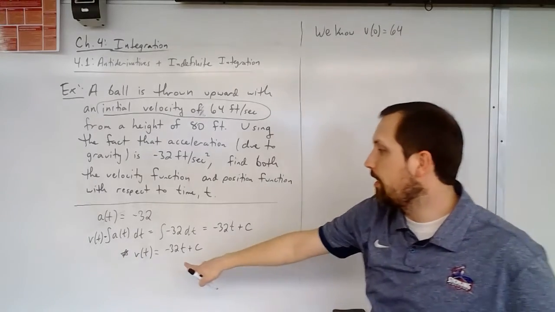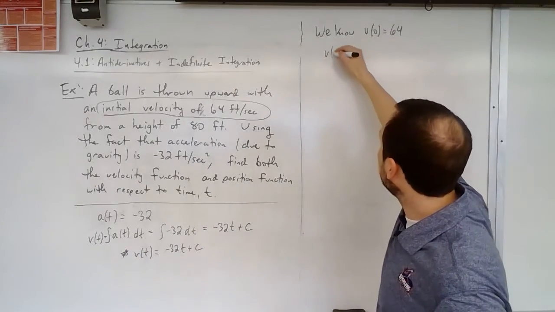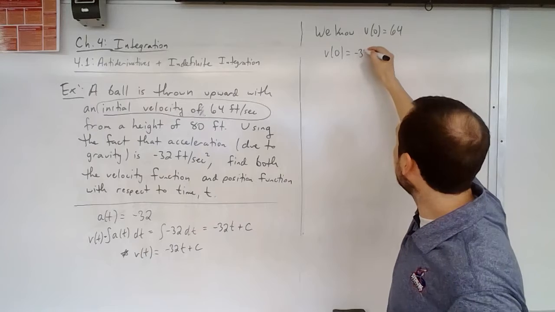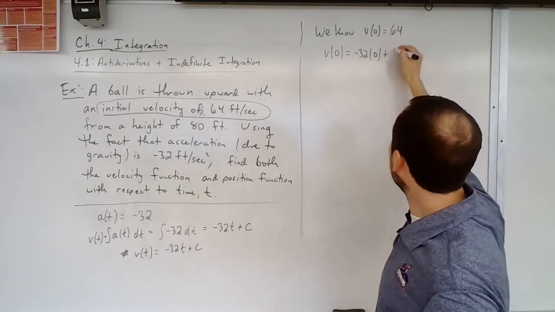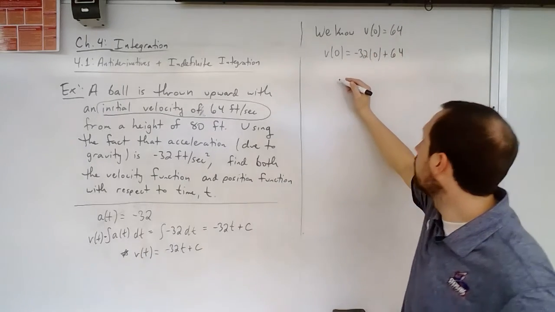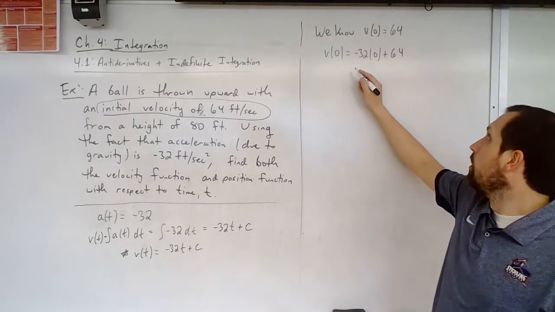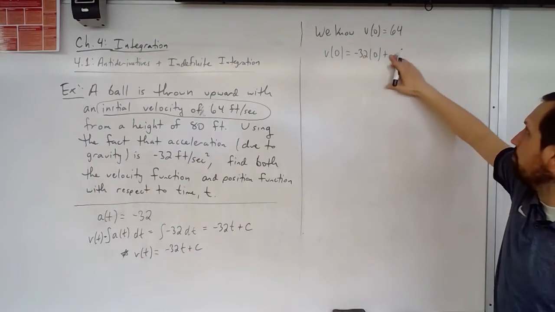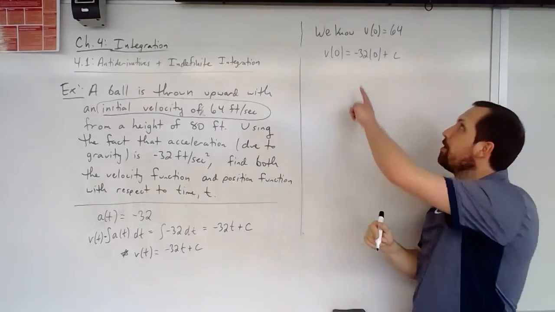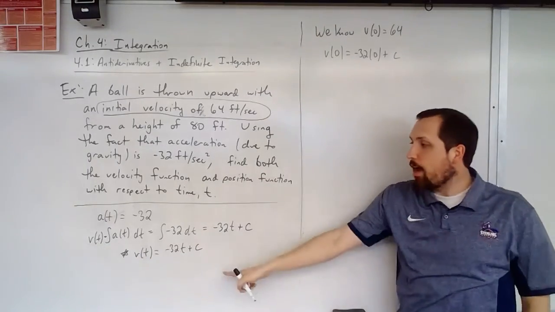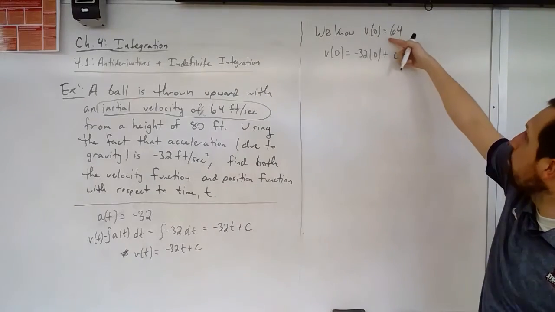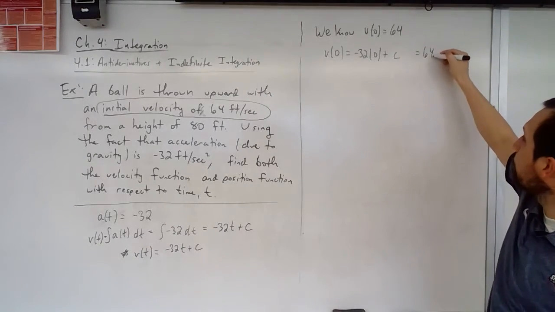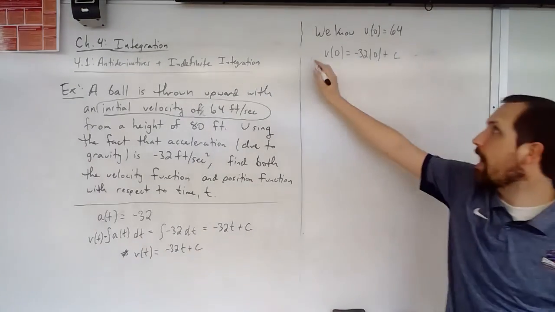So if I plug in t equals 0 here, I have v of 0 is equal to negative 32 times 0 plus c. Now, this we know must be equal to 64, right? Or you could put 64 on the other side if you'd like, whatever.